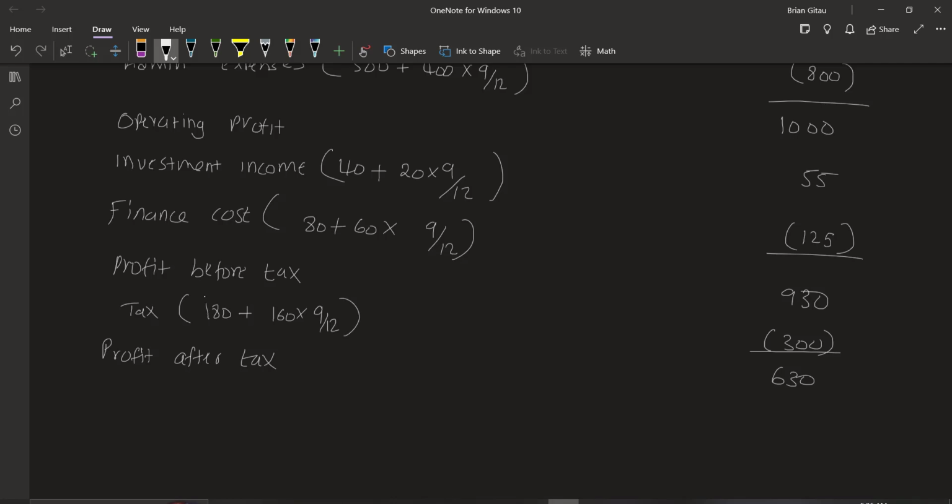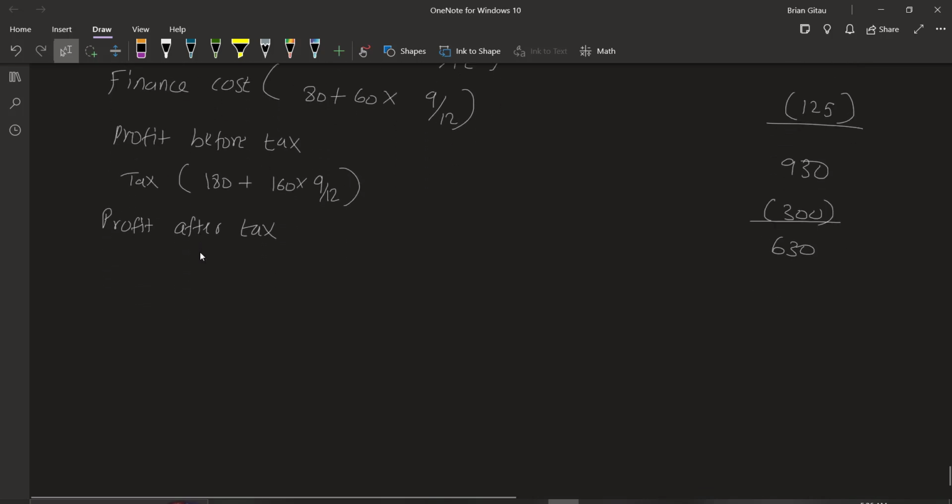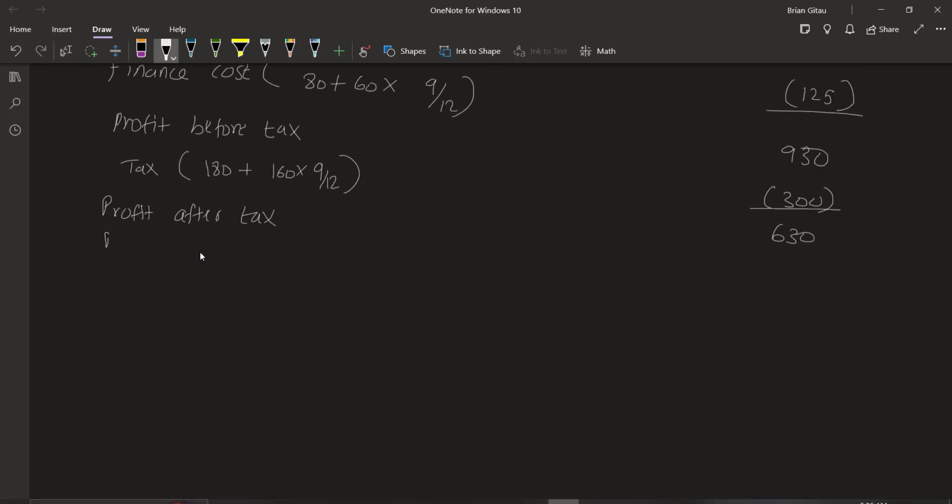Now we go ahead and add share of profit after tax from the associate. So this one will take 40%. If you look at the income statement, the associate, Tutu Limited, had a profit of 200.